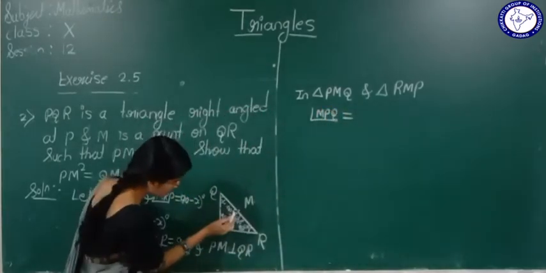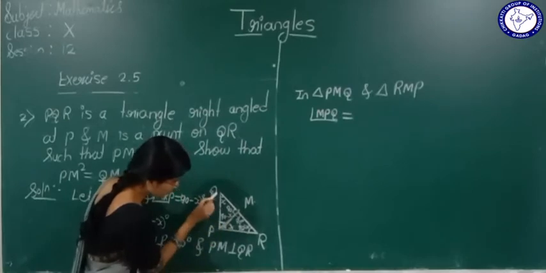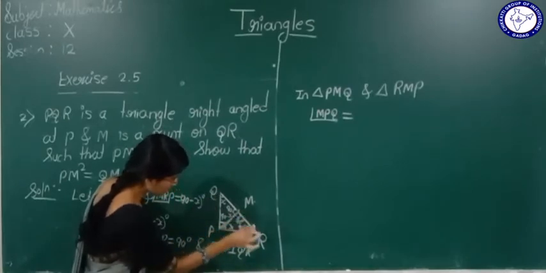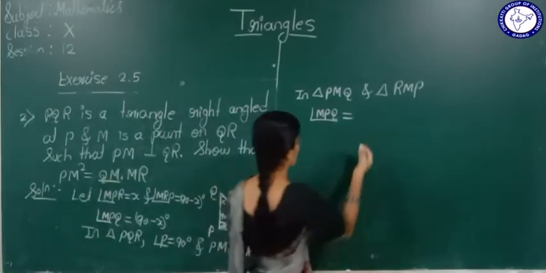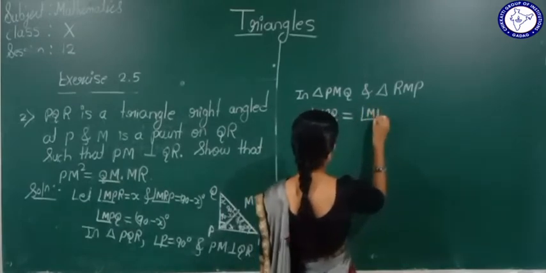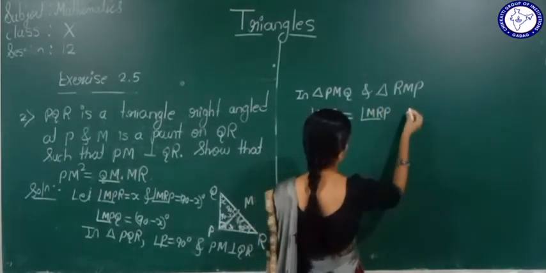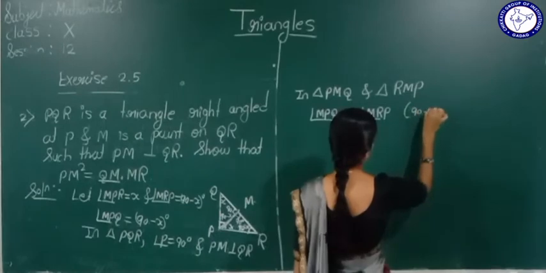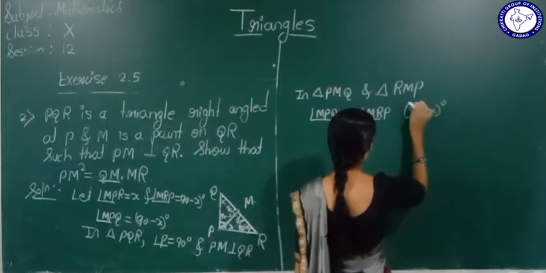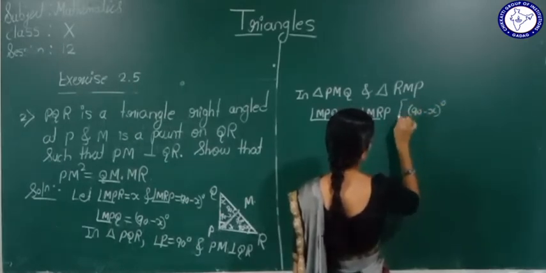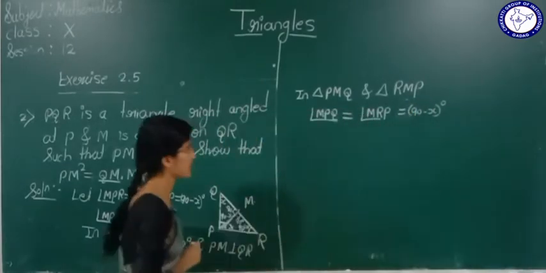In this triangle, angle MPQ is equal to angle MRP, that is 90 minus X degree.